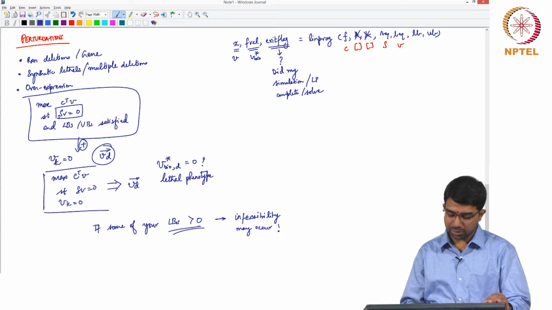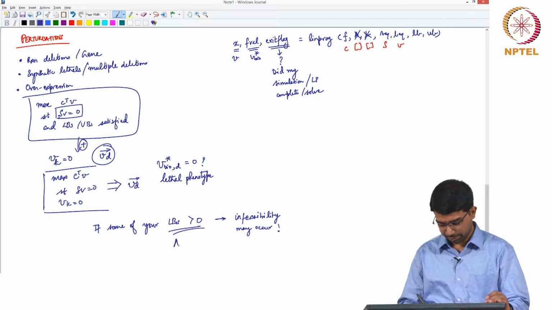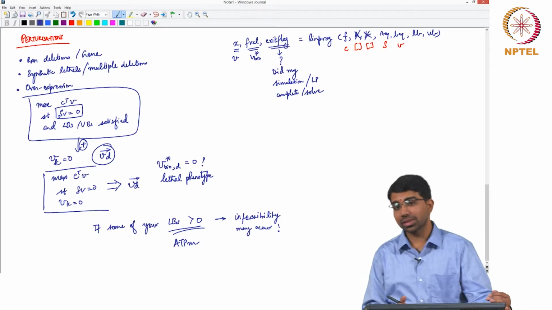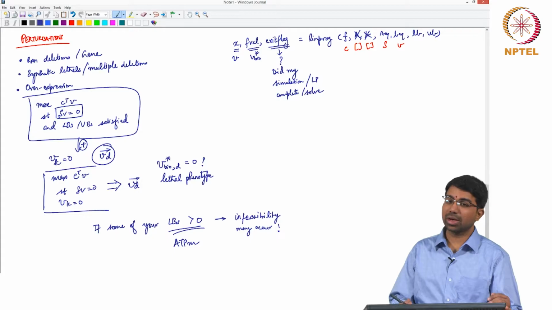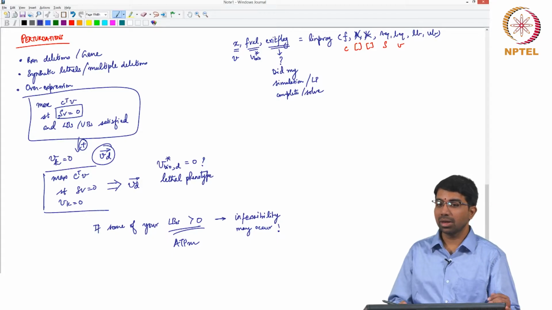Classic example for this, ATPM. So, very well, this becomes a tricky scenario now. You may have to find out that you have an infeasible solution and therefore conclude that it is actually a lethal phenotype.